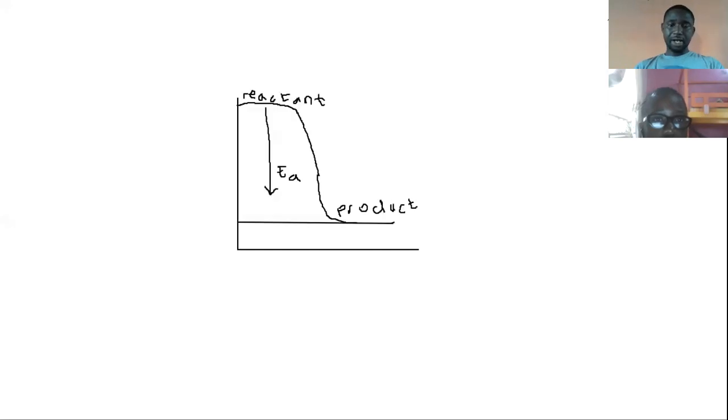Okay, you need to show the energy profile diagram of an exothermic reaction. Reactants. Why did you put the reactants here? Why did you put it here?